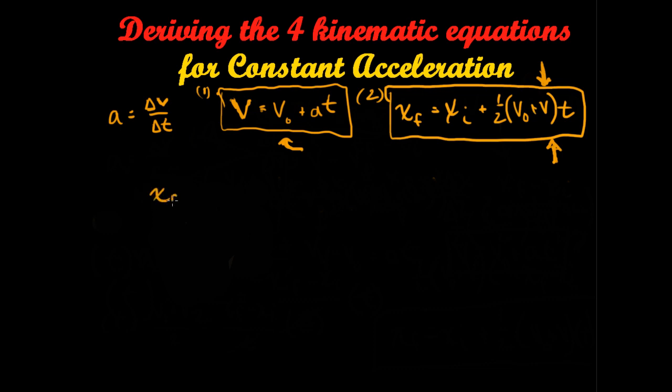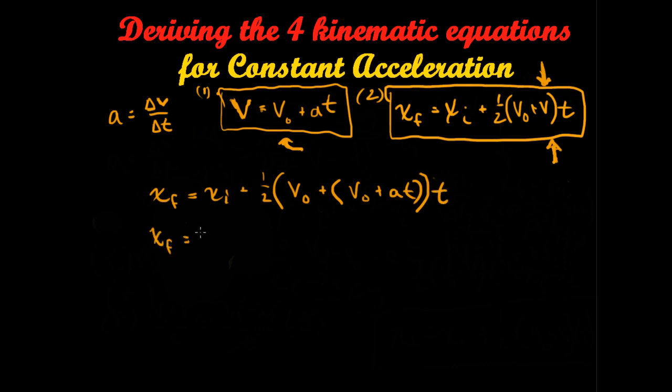So our final position is equal to our initial position plus 1/2 of the initial velocity plus the initial velocity plus at, because we just substituted this in instead of our final velocity, right? And all of that times t.